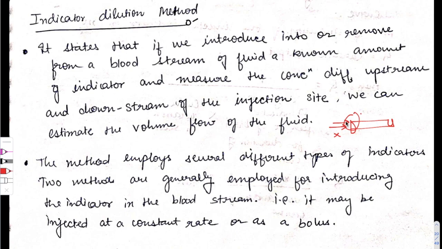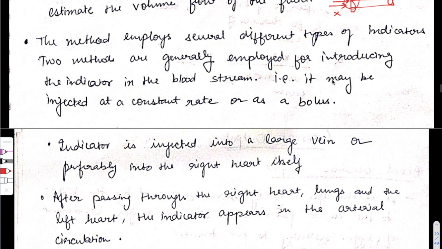The method employs several different types of indicators. Generally two approaches are employed for introducing the indicator into the bloodstream: it may be injected at a constant rate or as a bolus.